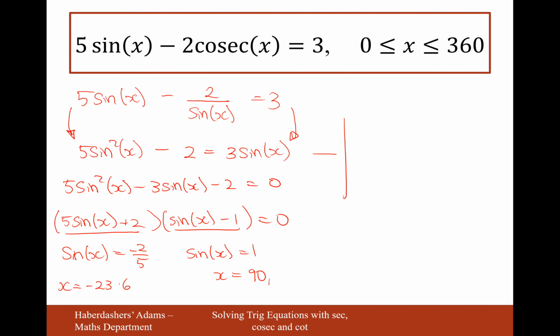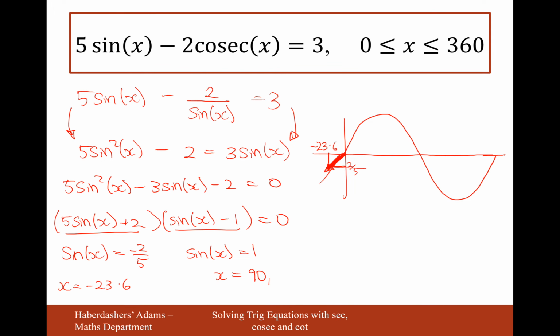But I'm looking for answers in between 0 to 360. So that's the sine graph. If I've got a solution at minus 2/5, then what the calculator's given me is this negative expression down here, which is minus 23.6.